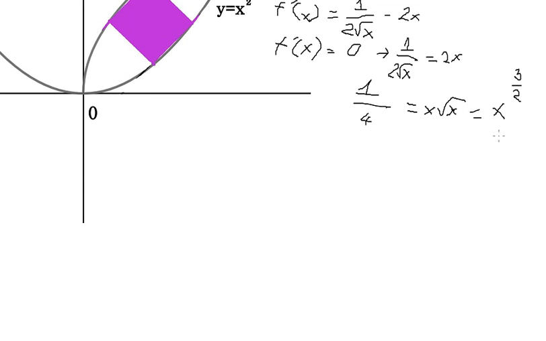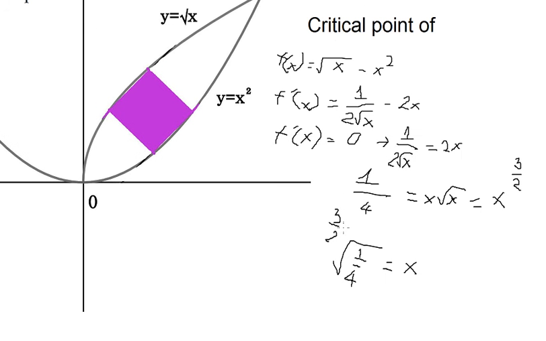To find the value of x in here, we take the 3 over 2 root of 1 over 4, which is equal to x. After that, we put this value back into f of x.